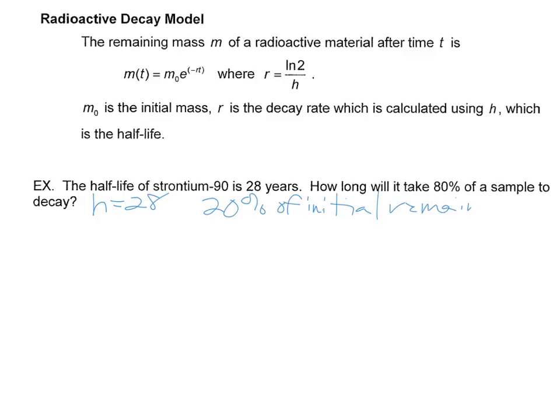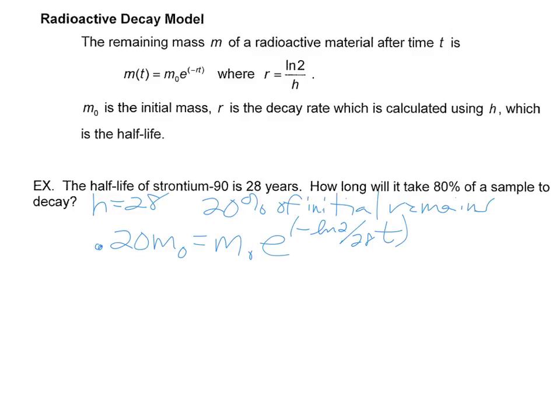That's how much you end up with. And 20% of the initial would be 0.20 m naught equals m naught e to the power of negative natural log of 2 divided by h, which is 28, and then there's a t.